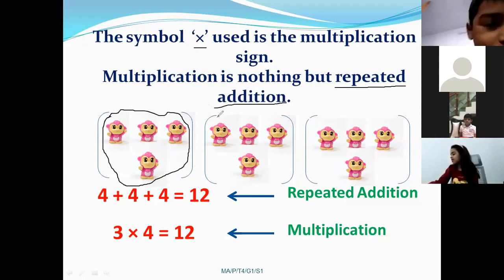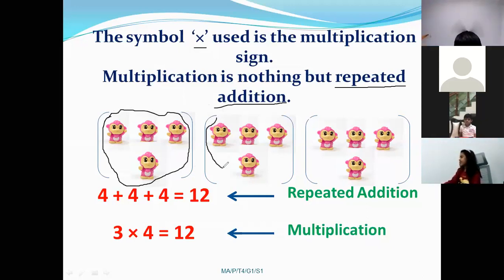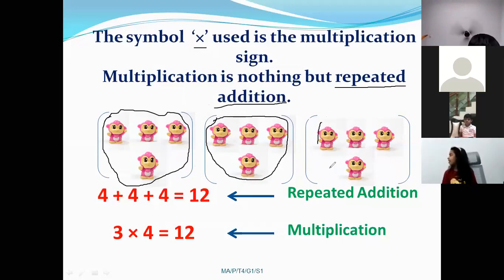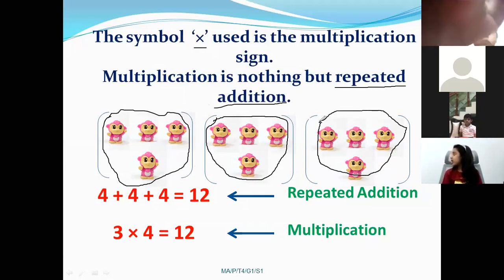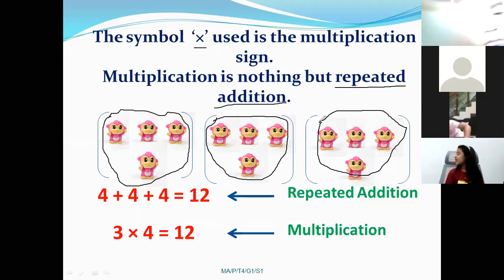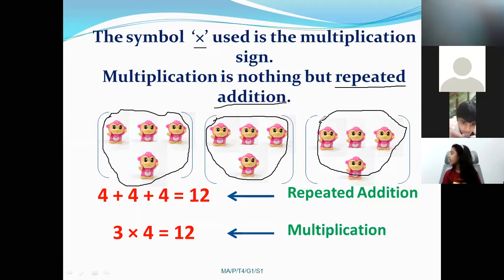So this is one group. Your second group. Swarnika, pay attention now. And this is your third group. So how many groups are there? We have here 3 groups.